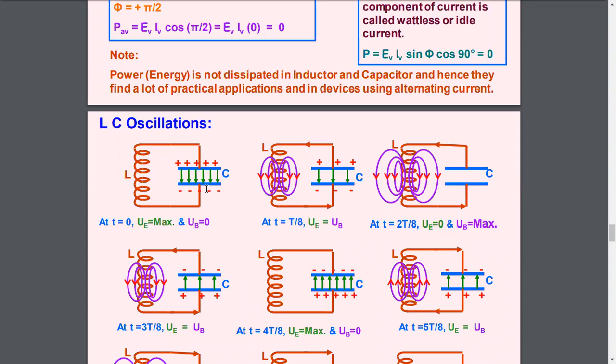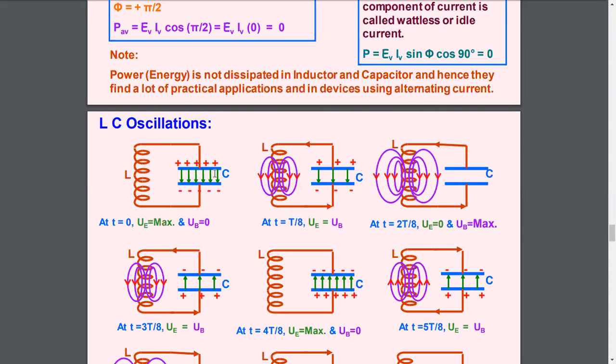As charge flows from the capacitor to the inductor, it is just like electric current, and when it enters the inductor, it gets converted into magnetic energy. So electrical energy is converted into magnetic energy. Here electrical energy is stored in the capacitor, and as soon as this energy is transferred to the inductor, it gets converted into magnetic energy.